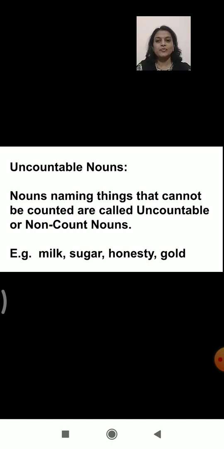So we have learned the countable and uncountable one. Now you can say that we have almost covered our different kinds of nouns. Can you remember them? Do you remember which all nouns we have learned so far? Yes, let's recollect what they are.